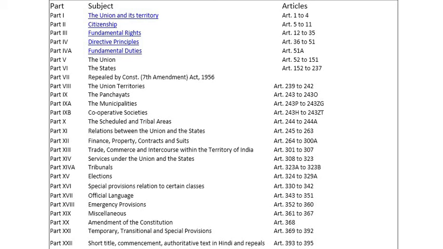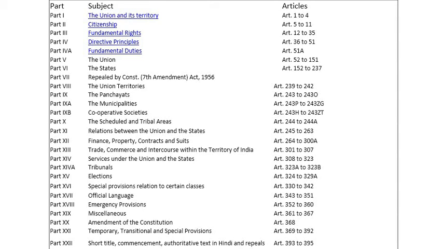Part 9B cooperative societies. Part 10 the scheduled and tribal areas. Part 11 relation between the union and states. Part 12 finance, property, contracts and suits. Part 13 trade, commerce and intercourse within the territory of India. Part 14 services under the union and the states. Part 14A tribunals. Part 15 elections.